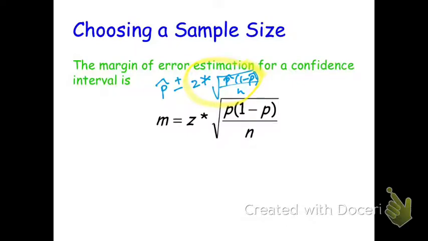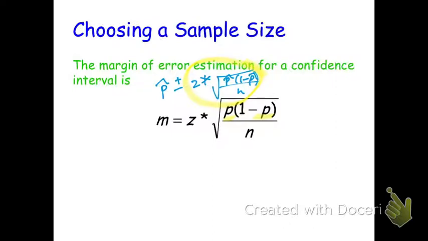But you'll notice that in the formula for margin of error, there are p's instead of p hats, and the reason why is you can't obtain a p hat when you don't have a sample at all. We don't have one. So there are two ways that they could ask this question.